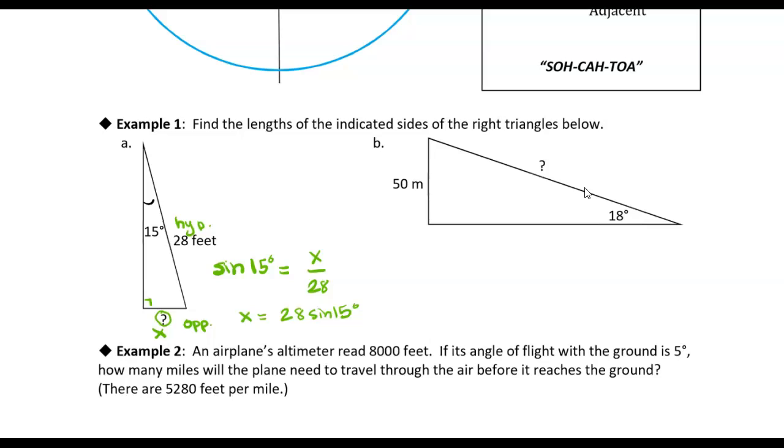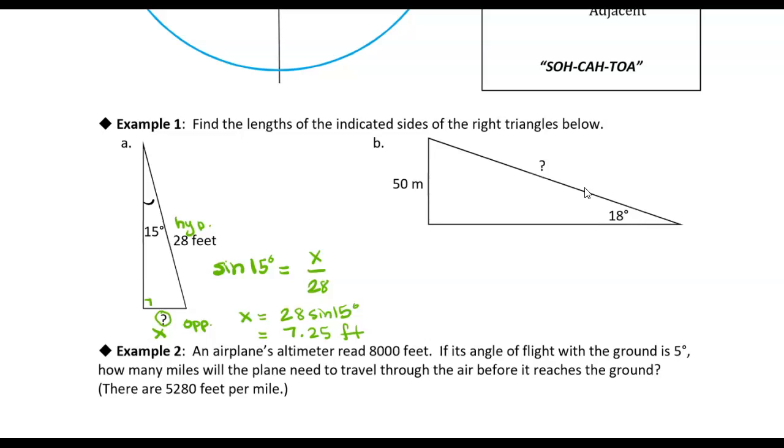And I can plug all that into my calculator, and when I do that, I get that x is 7.25. Because this hypotenuse is 28 feet, we should put units on the side we just solved for, which is going to be feet, abbreviated FT.